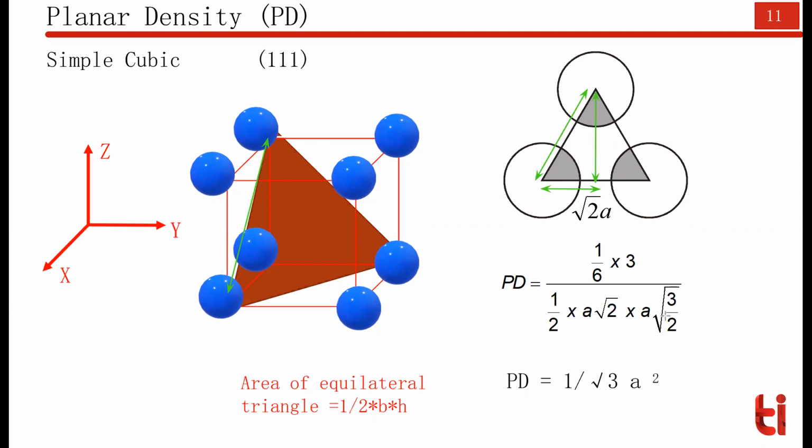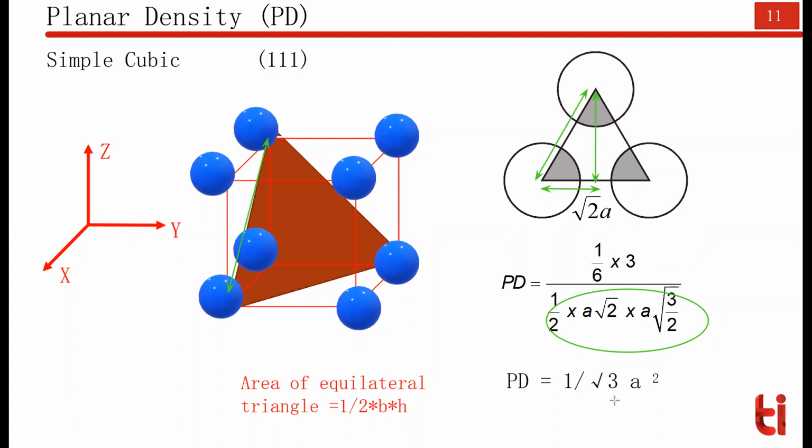So if I now compute the total area of the triangular plane, it will come out to be like this: 1/2 into base, which is under root 2a, into height, which is under root 3 by 2 into a. So if you simplify this, your planar density comes out to be equal to 1 over under root 3a square.